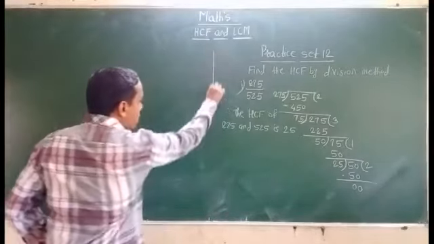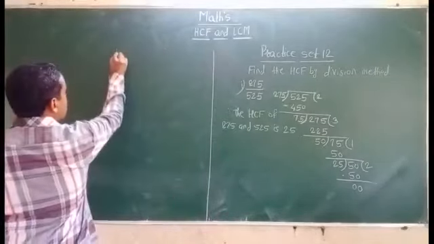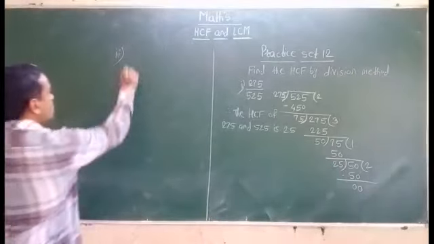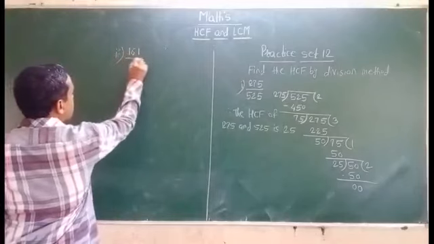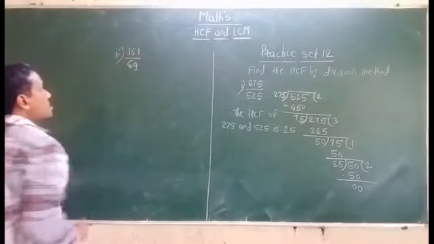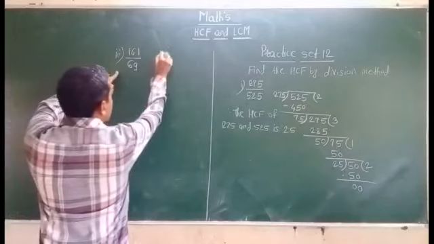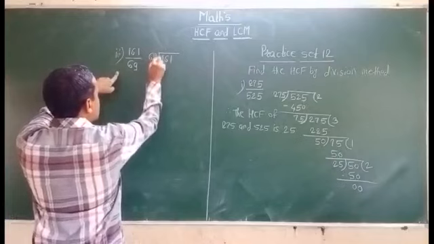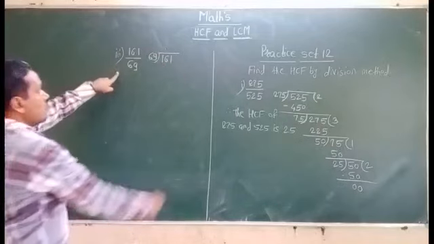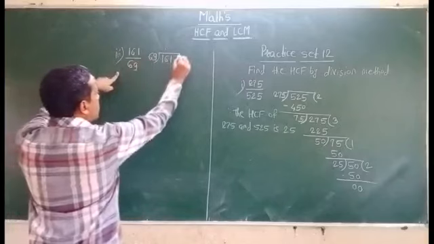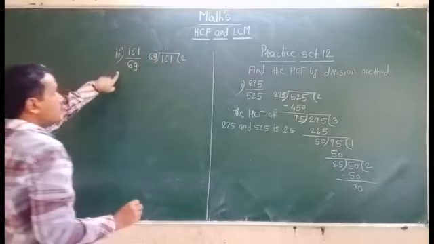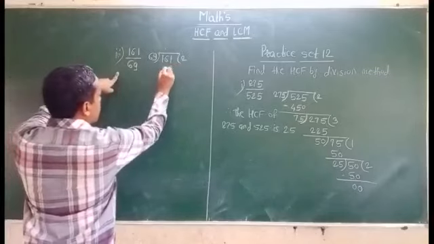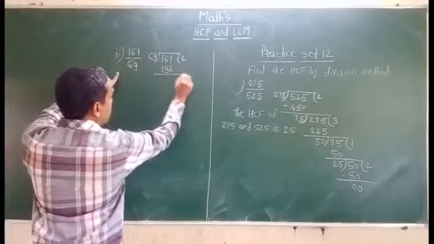We take one more example. In this example, we have 161 and 69. The 161 is the greater number, 69 is the smaller number. So we divide 161 by 69 and get 2. We get the answer 138.